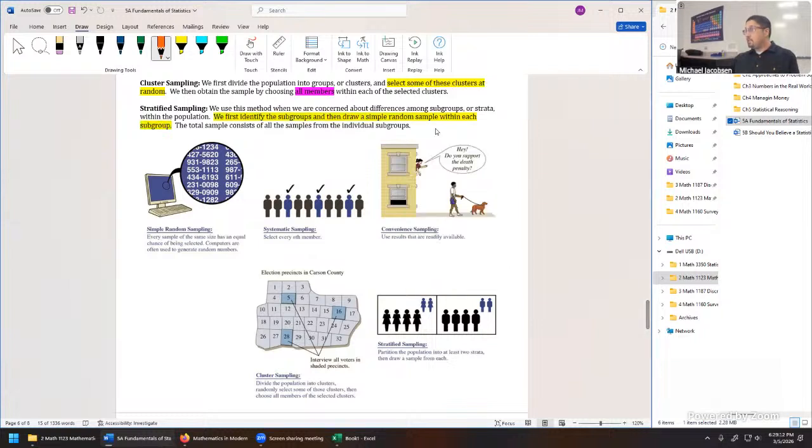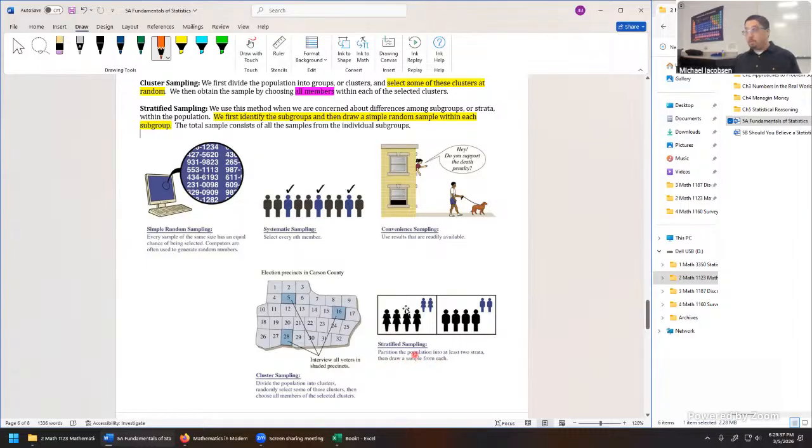The simple random sample happens inside the group, but in cluster sampling, the simple random sample happens on the clusters themselves. And here's a graphic for stratified. We're partitioning the population into at least two strata. This one looks like it's talking about male versus female. Draw a simple random sample.